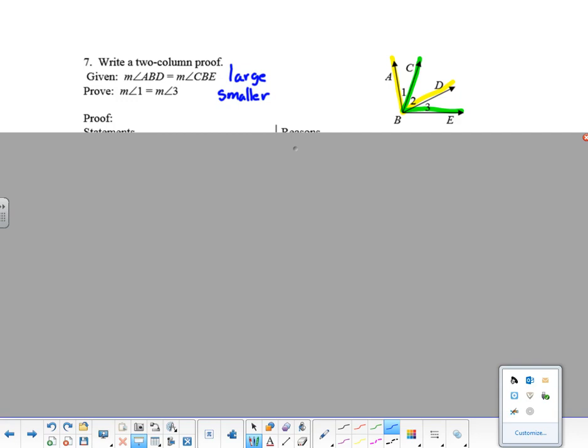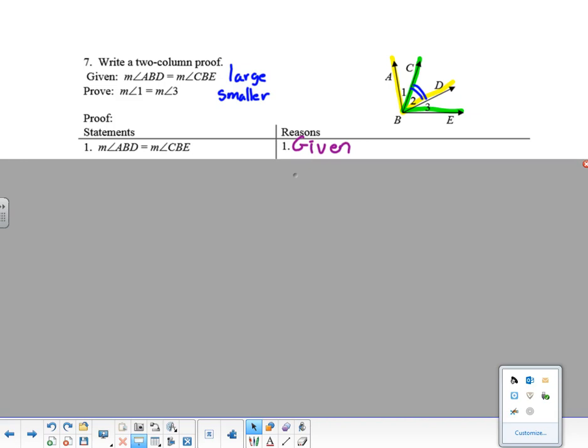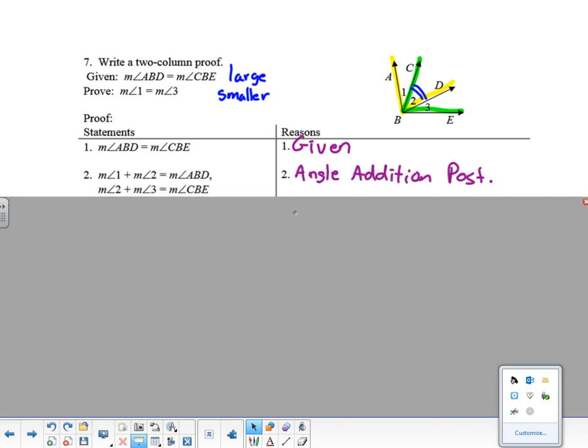You'll notice before, on the last two, we added, and in this case, we're going to subtract angle 2. So it's going to follow a very similar pattern, except instead of adding, we're going to subtract. So we've got the measure of angle ABD equals the measure of angle CBE.